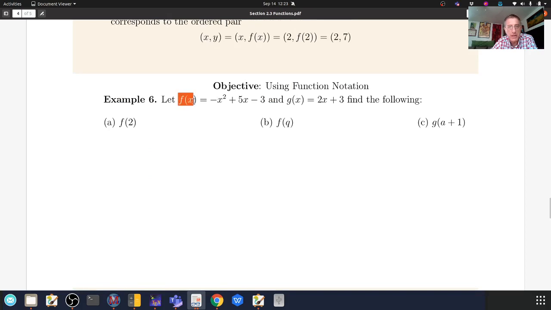So this is read f of x is equal to minus x squared plus 5x minus 3. And this is read g of x is equal to 2x plus 3. This indicates it's a function. This indicates it's a function. In each case, y is equal to f of x, y is equal to g of x. That doesn't change. So we want to evaluate f of 2.